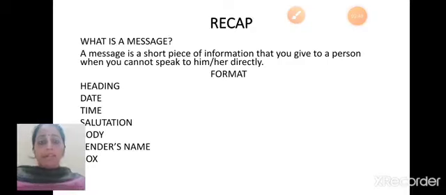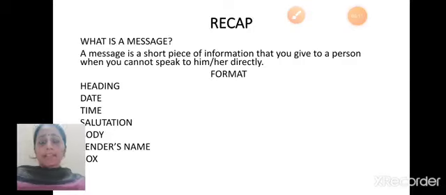After salutation, on the very next line, you will begin with the body of the message. The body of the message will include all vital information. You will not write anything extra. Whatever is required, whatever is relevant will be the part of your body.